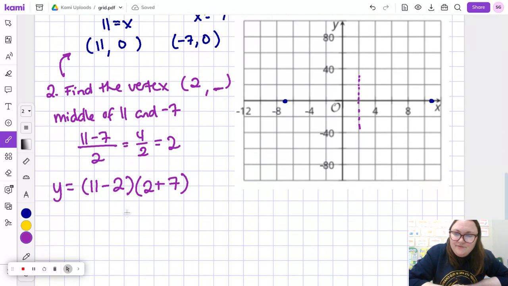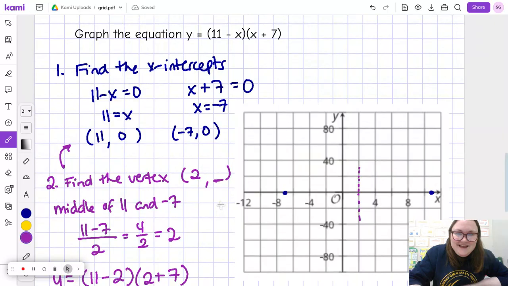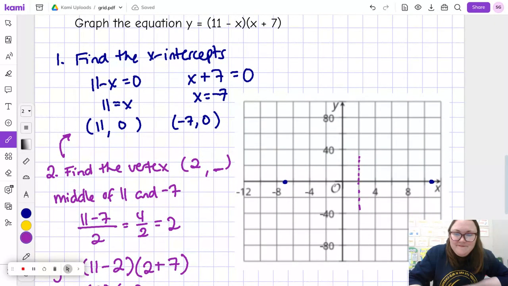When I go to solve that, 11 minus 2 is 9. 2 plus 7 is 9. And so then our answer, 9 times 9, is 81. And so for this graph here, my vertex is going to be at (2, 81).